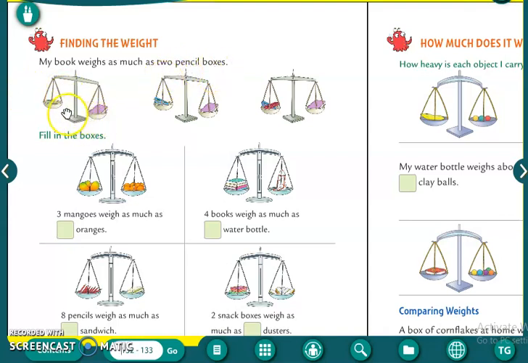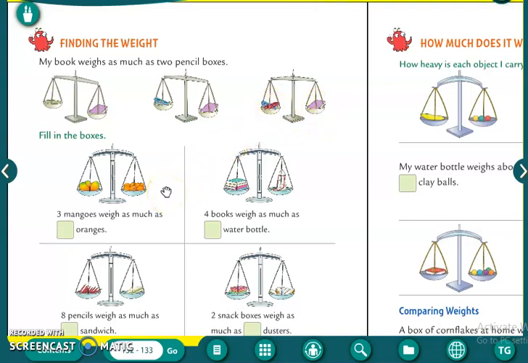Now see here, if there is one pencil box, the book is on the other side, and here there is the book and one pencil box. Still the book is heavier, so they are not equal. The book is a little on the downside. Now if we put 2 pencil boxes, it is equal.